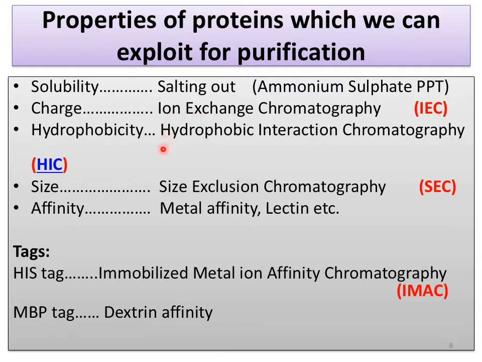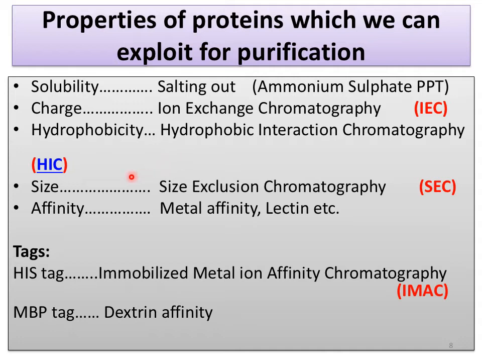Another property for separation of proteins is their hydrophobicity. This type of chromatography is called hydrophobic interaction chromatography, in which the stationary phase is hydrophobic. So the proteins will bind to the stationary phase depending upon their hydrophobic behavior. The proteins which are more hydrophobic will bind to the stationary phase with a stronger affinity.